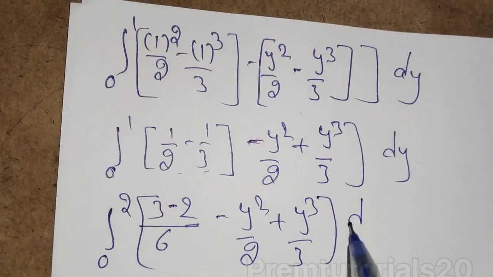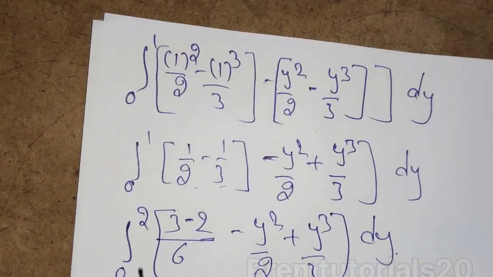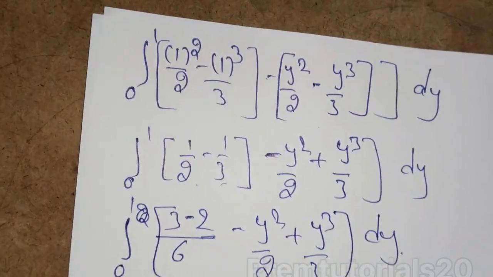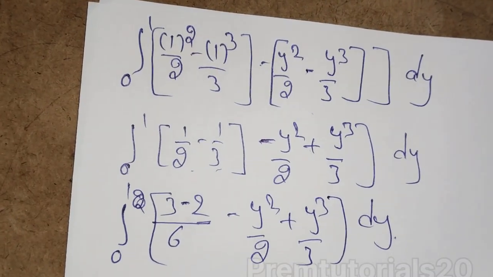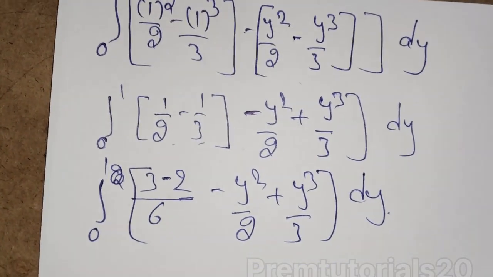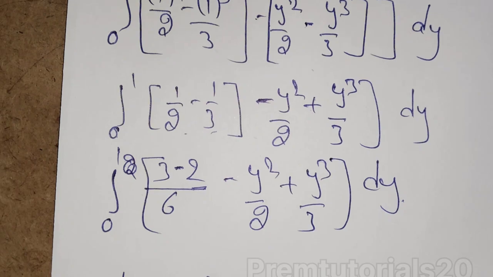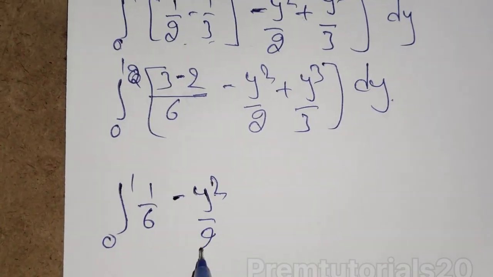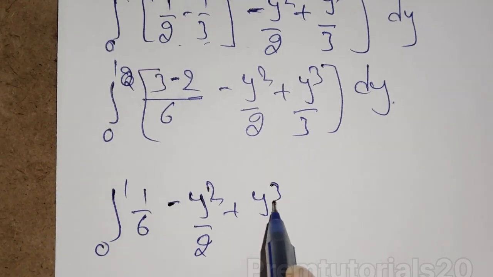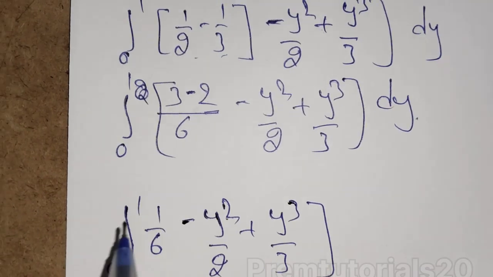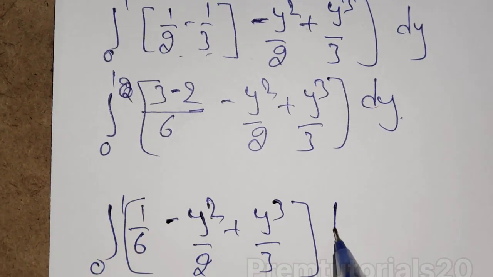What are the limits here? Integral 0 to 1 by 6 minus y square by 2 plus y cube by 3 whole dy.